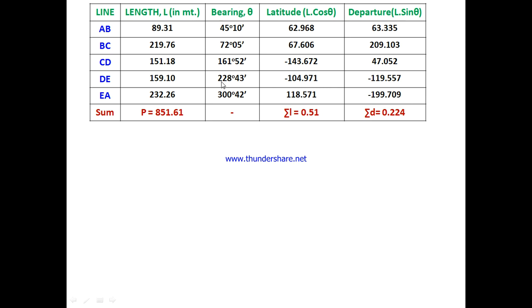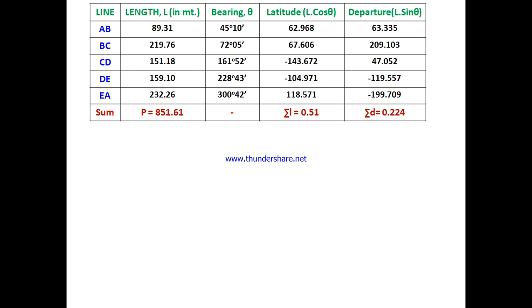This is the whole circle bearing. From the angle you can easily understand which quadrant it is lying in, and on the basis of that you can calculate the latitude and departure with the proper sign convention. For example, here the angle 228 and 300 is lying in the fourth quadrant. Sorry, 228 is lying in the third quadrant.